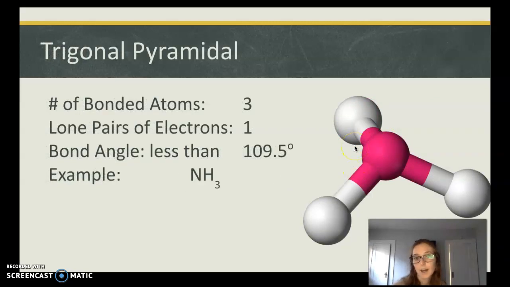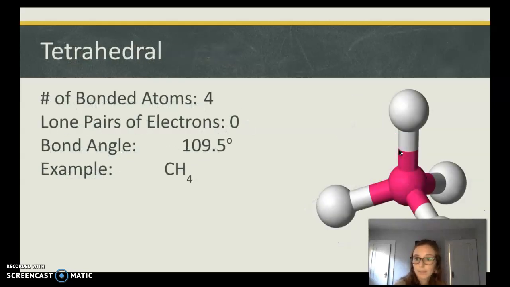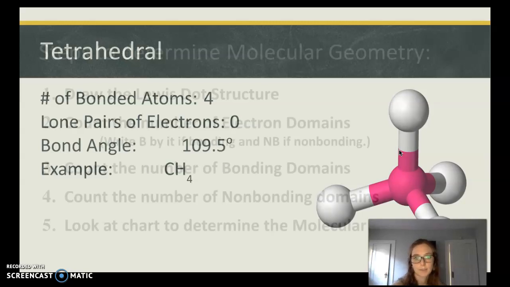NH3 would be an example of this, where you would have three atoms and then one lone pair sticking out. We will look at these shapes with your teacher's molecular geometry kits in class. And then tetrahedral makes sense as well. We have four atoms that are as spread out as possible.